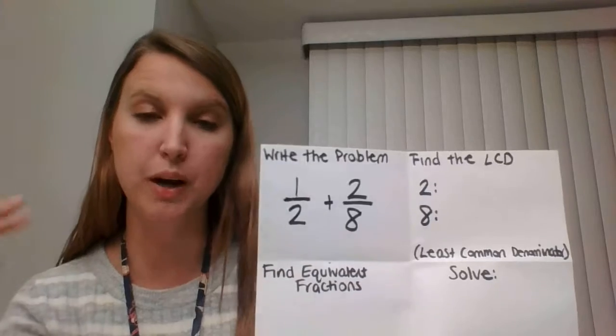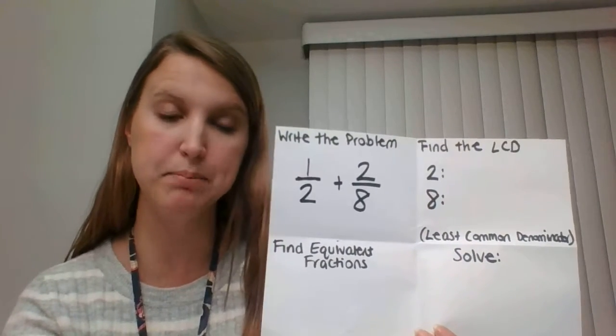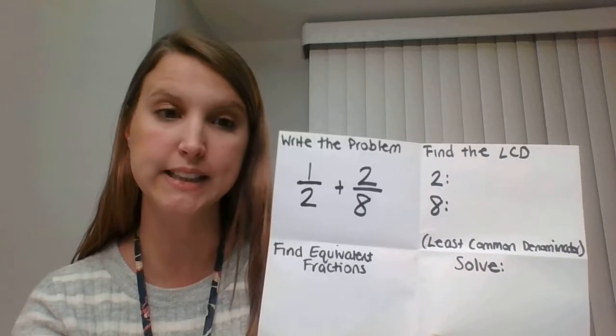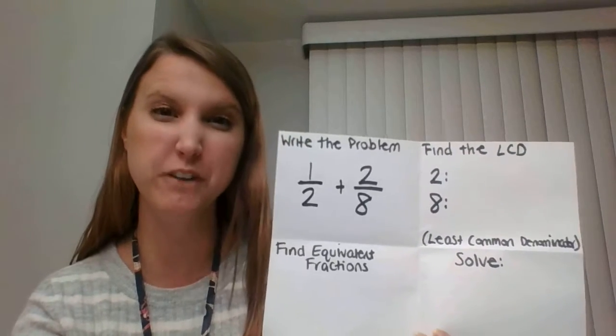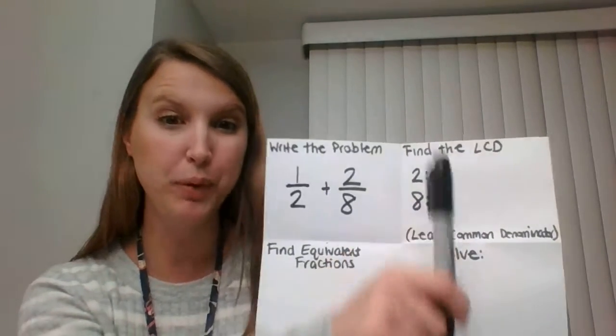All right, so remember, finding your multiples is just skip counting. We're going to skip count by 2s and by 8s until we find our least common multiple, the first multiple that both of these numbers have in common. So I've got 2, 4, 6, 8, 8, 16, 24.